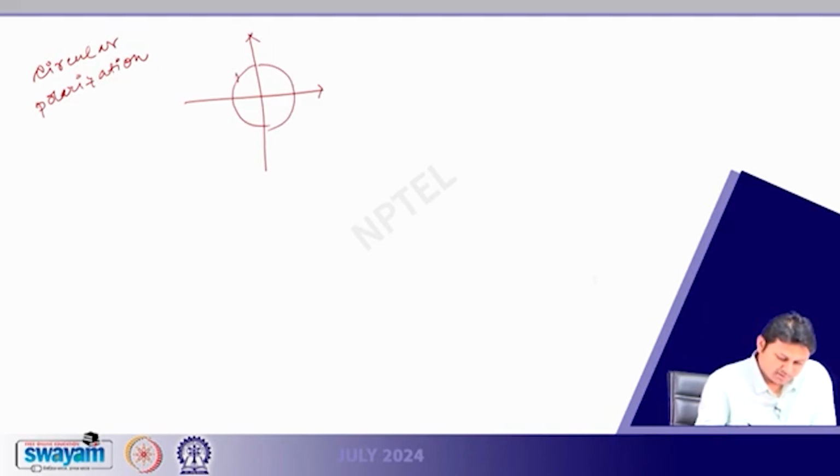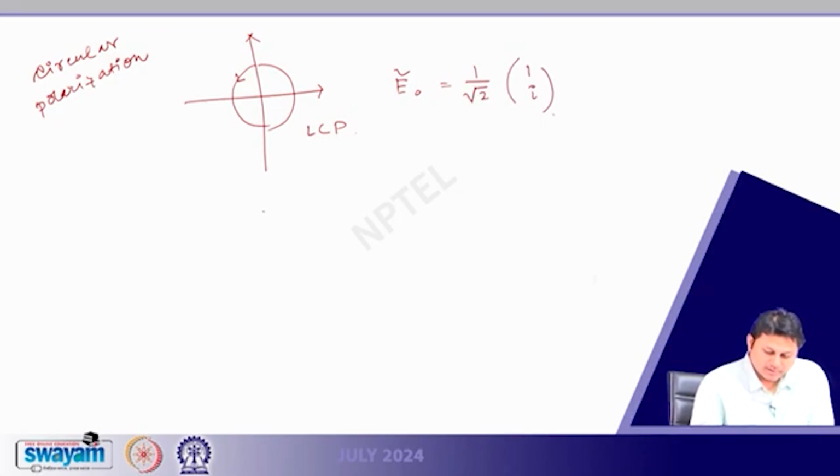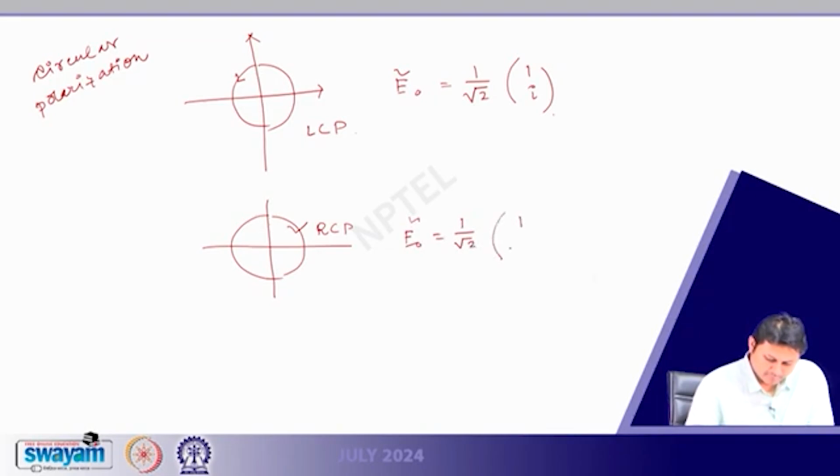One is left circularly polarized light, which can be defined by this, and another is right circularly polarized light, defined by this. These are two.